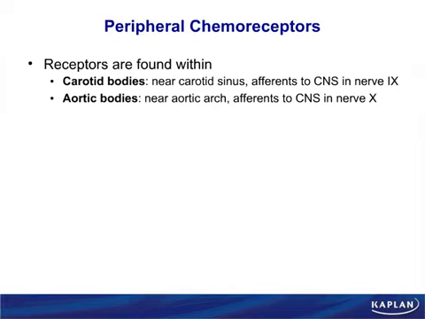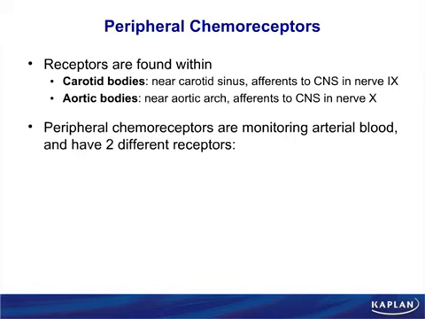So hopefully it makes sense that carotid bodies are going to send their input to the medulla via cranial nerve 9, just like carotid sinus baroreceptors did. Again, cranial nerve 9 is glossopharyngeal. And aortic bodies, since they're near the aortic baroreceptors, will send their afferents to the brain via the vagus, cranial nerve 10.